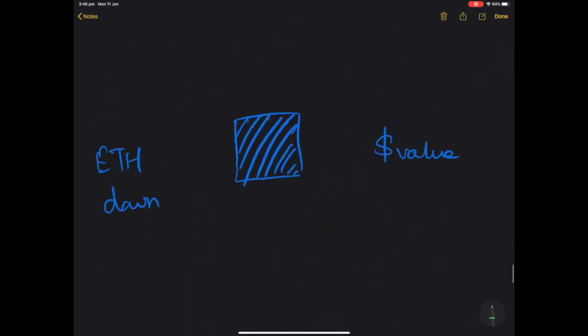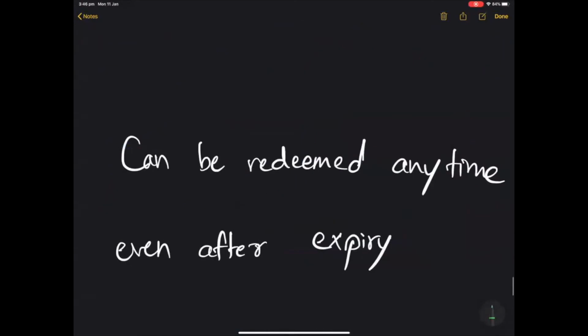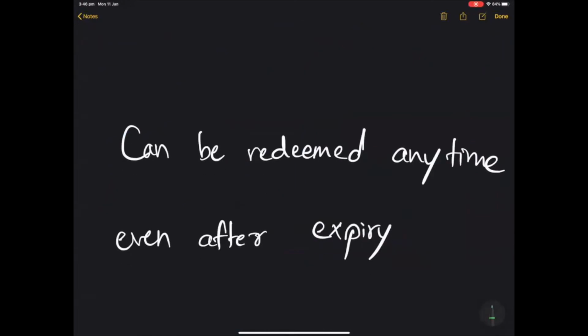And if it goes down, then obviously it went from this to this. So that is how the $Y works. It traces the value of $1 till the expiry date. And even if you don't redeem it, you are okay. You can redeem it anytime after expiry.